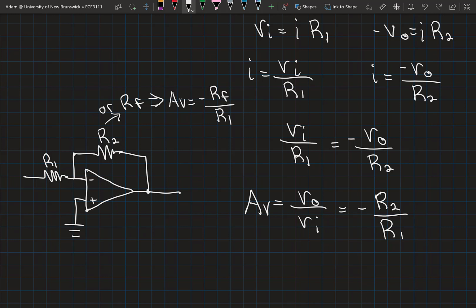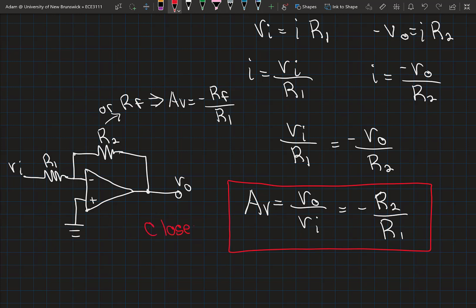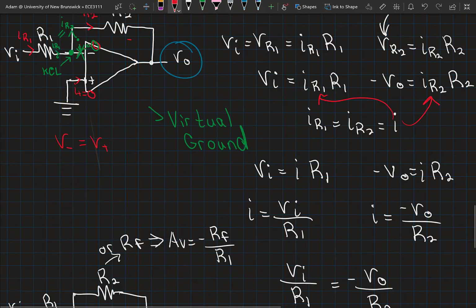So the closed loop gain for this configuration of op-amp amplifier is a very simple expression that's purely based on the resistors, just like it was up here.